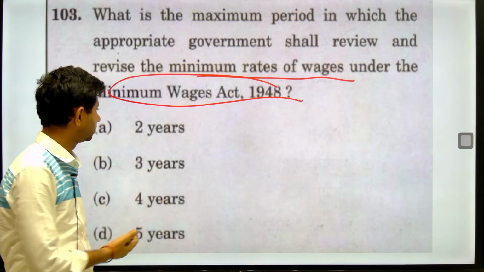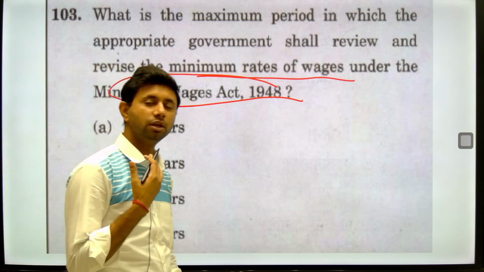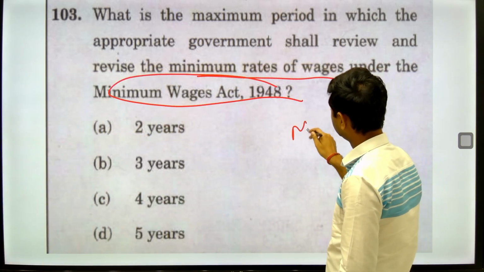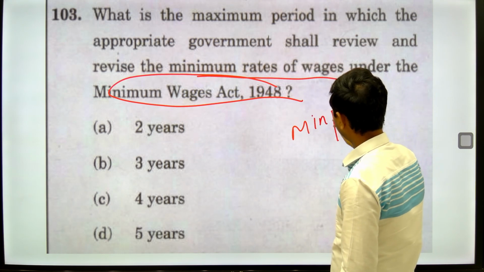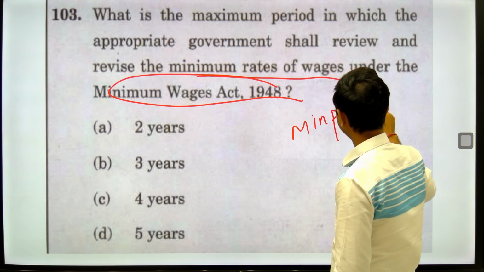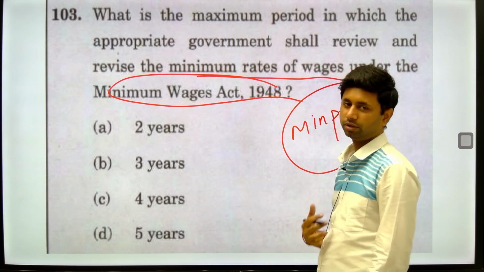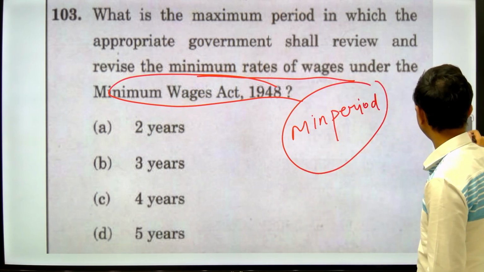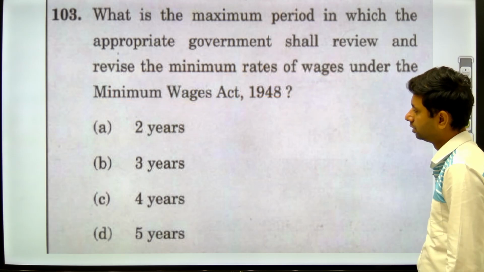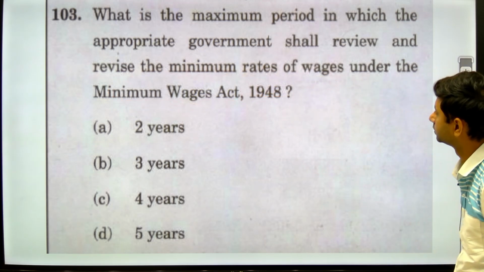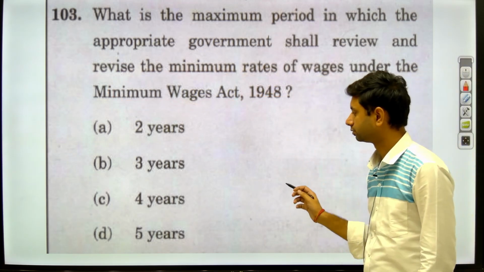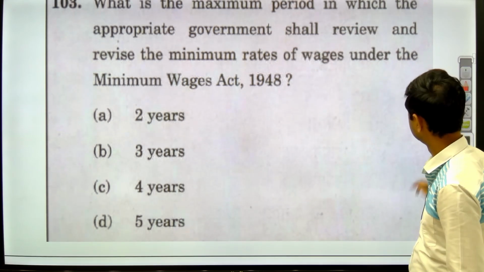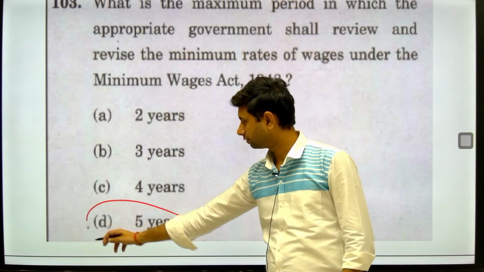So just tell me what is the minimum period after which a government is liable to change or revise the minimum rates. So the options are 2 years, 3 years, 4 years, 5 years. The answer is 5 years.